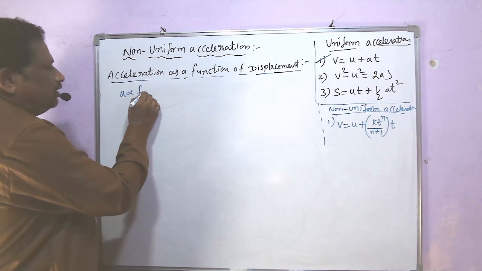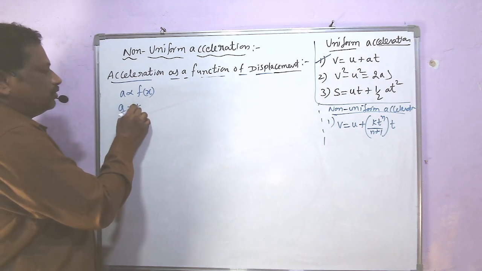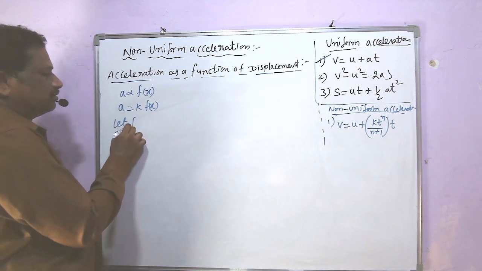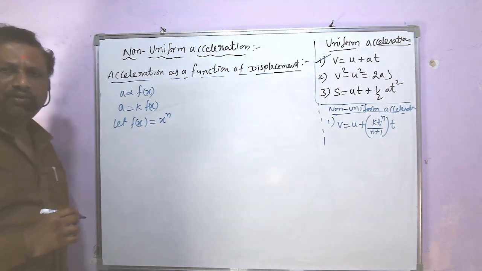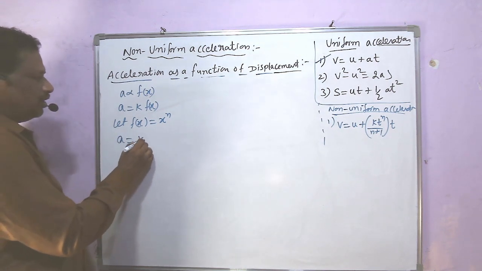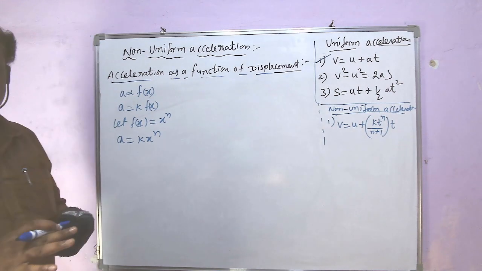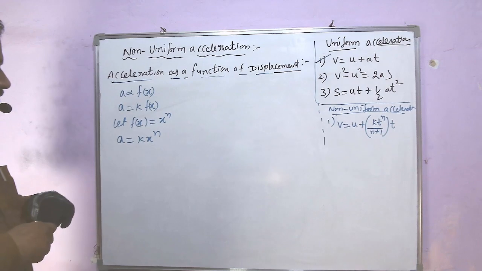So here acceleration is equal to some proportionality constant. Let it be k1, because we already took k in the first equation. So this proportionality constant we are taking as k1. We know that acceleration is equal to dv by dt. This we are going to write as a function of x: multiply and divide velocity with dx.